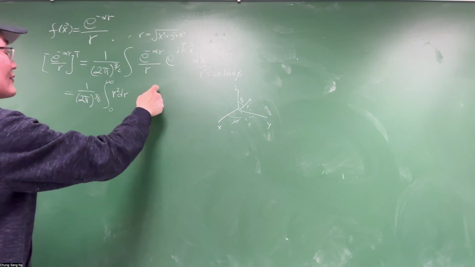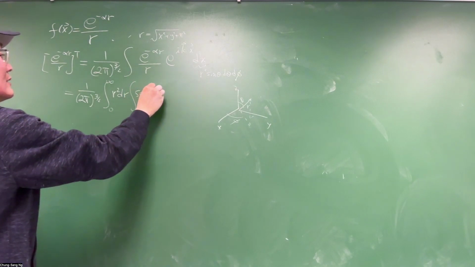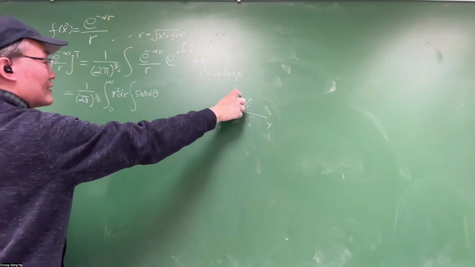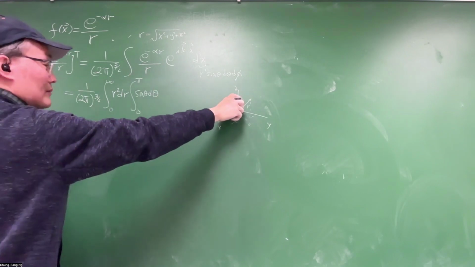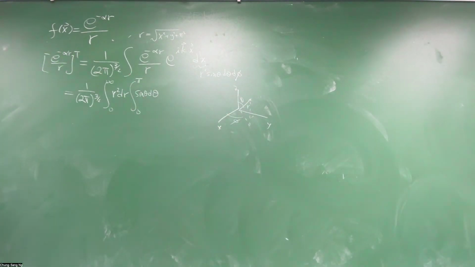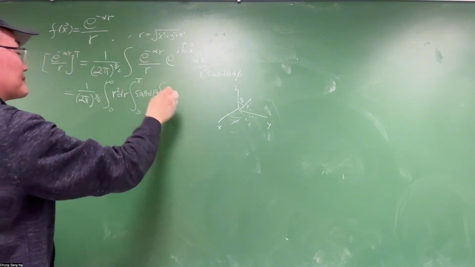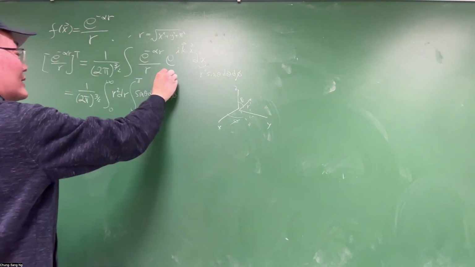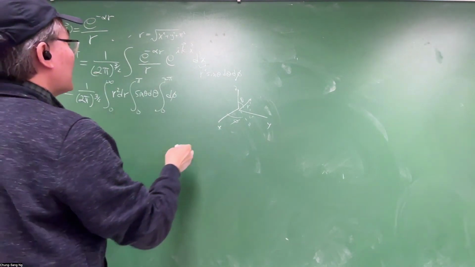And then we have sine theta d theta, where theta is from 0 to pi, because that's the range of the polar angle. And phi is obviously 0 to 2 pi, the azimuthal angle.